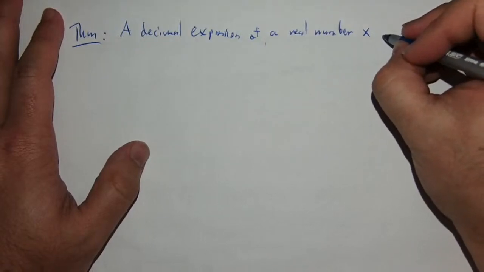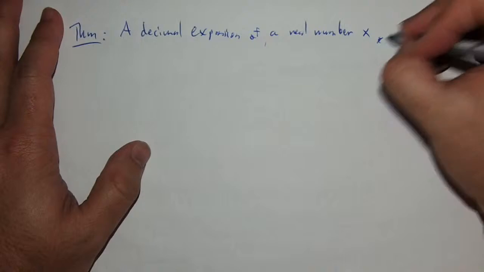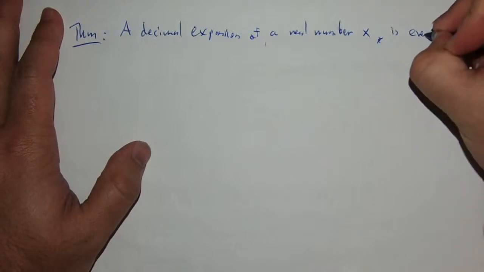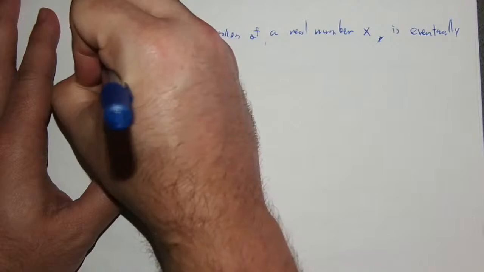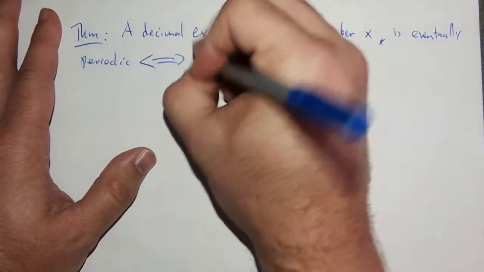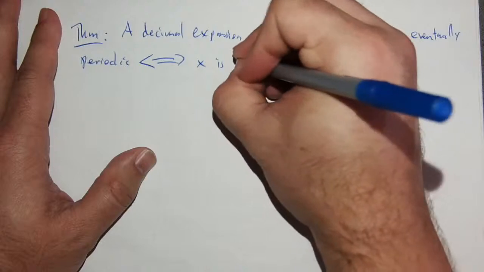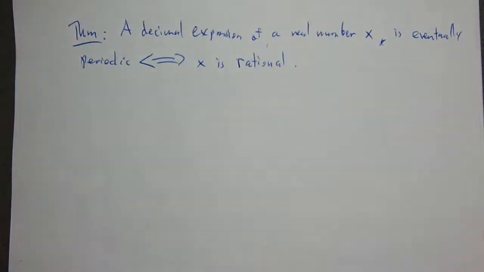So a decimal expansion of a real number x is eventually periodic if and only if x is rational. So the rational numbers are exactly the ones that have decimal expansions that are eventually periodic.